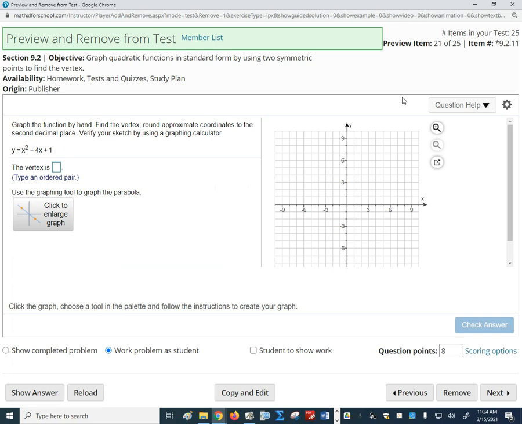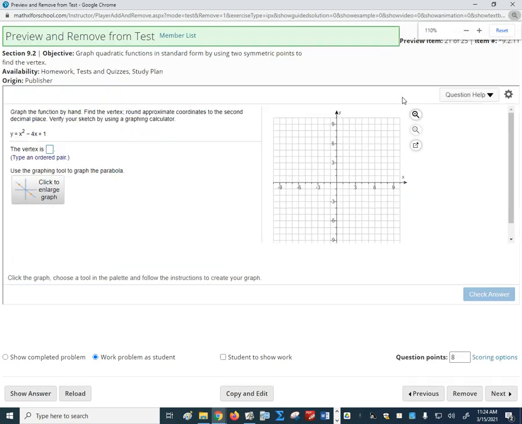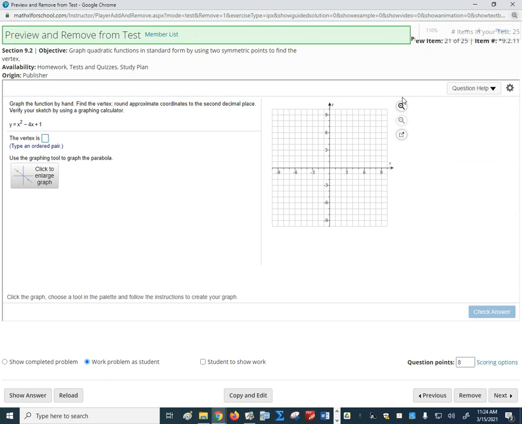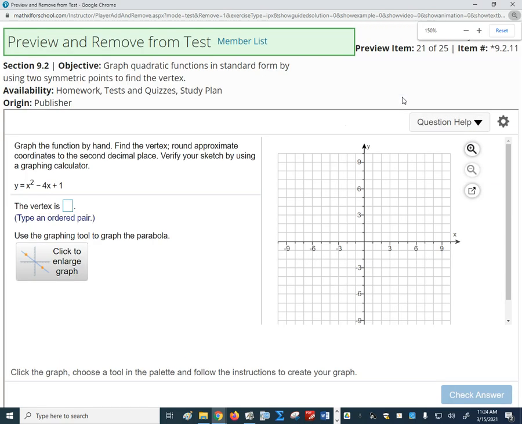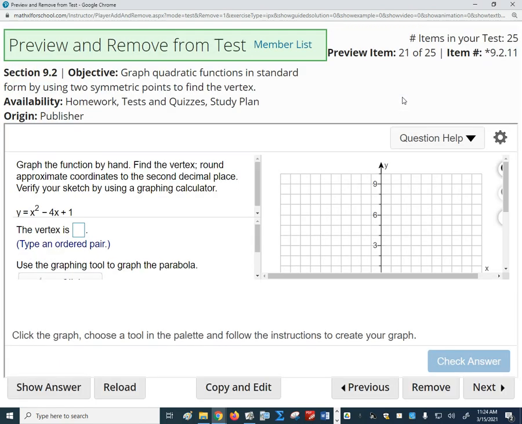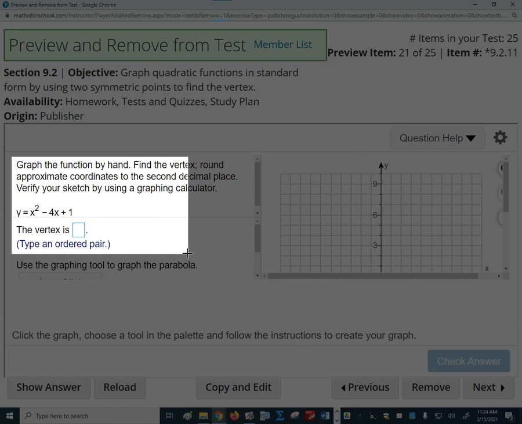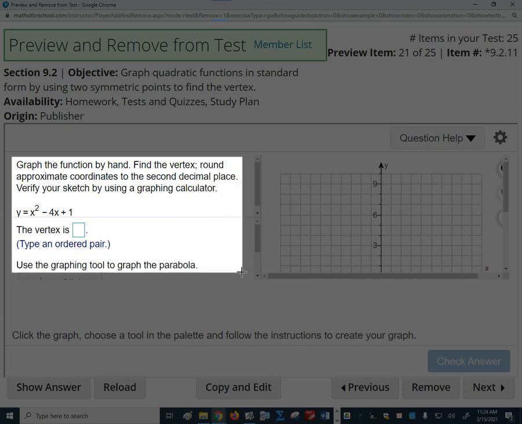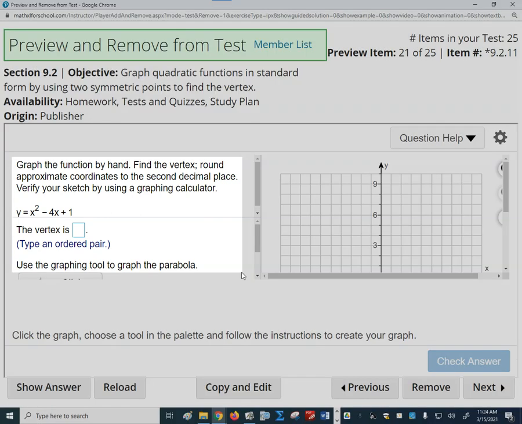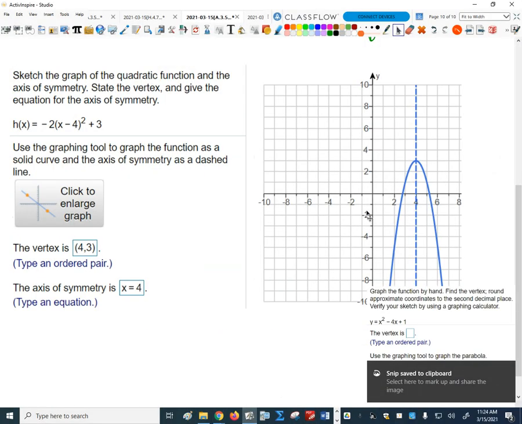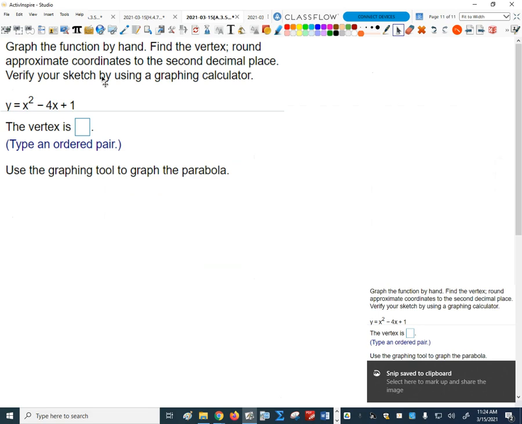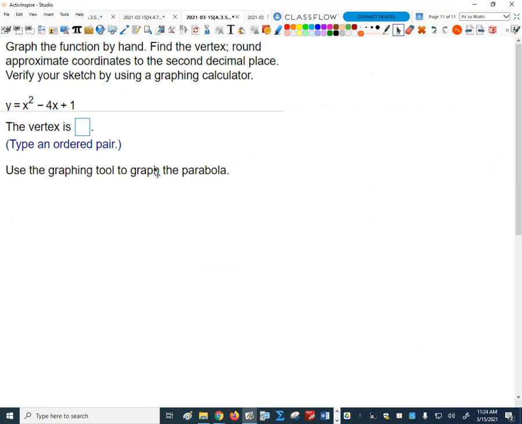Okay, what about one like this? Okay, so what form is this quadratic function in?